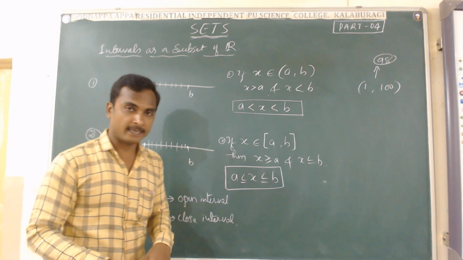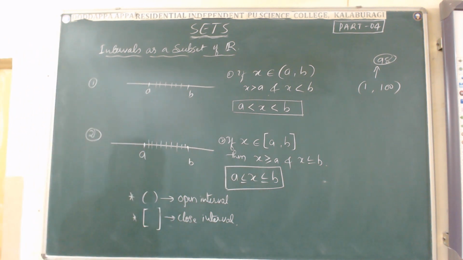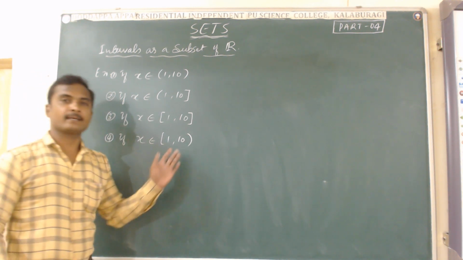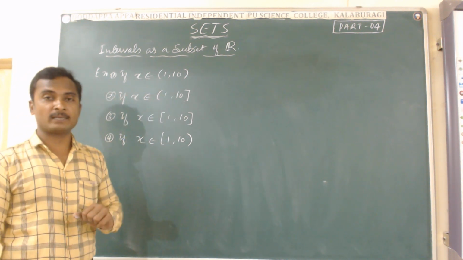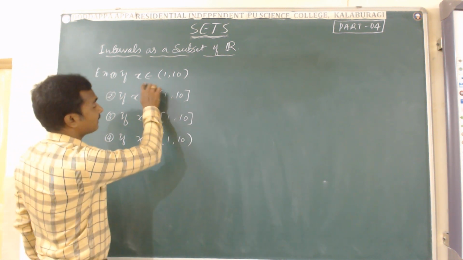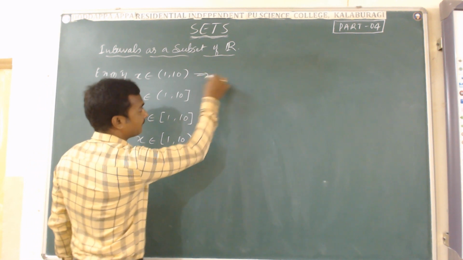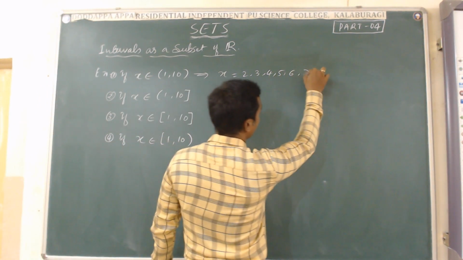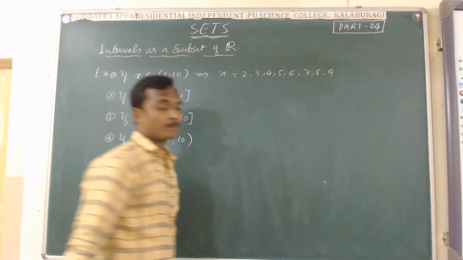Let us see some of the examples. If x belongs to the open interval 1 comma 10, that implies x may be 2, 3, 4, 5, 6, 7, 8, 9.